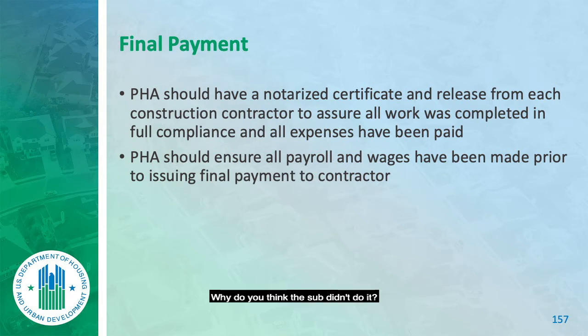Why do you think the sub didn't do it? The sub says, hey, he ticked me off. The prime paid the sub fully, so the sub had no motivation to give him everything. I think he cut some of his payback and the guy wanted more money or something.